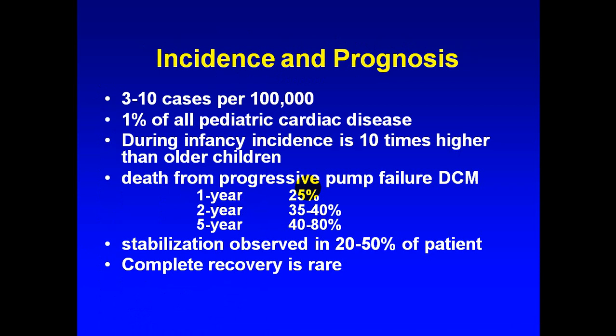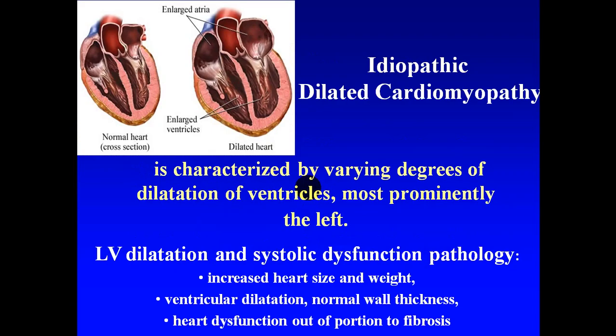Death is from progressive pump failure in dilated cardiomyopathy. In the first year, 25% die; in the second year, 35 to 40%; and at 5 years, 40 to 80%. So it has a very poor prognosis and is progressive. There is stabilization in some cases, but complete recovery is rare.